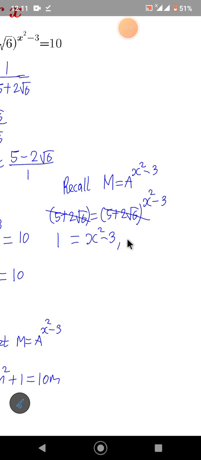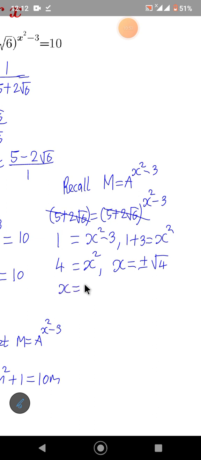It will now become 1 plus 3 equal to x squared. Then 1 plus 3 is 4, equal to x squared. And from here I can simply say that x is equal to plus or minus the square root of 4. So therefore, x is equal to plus or minus 2.